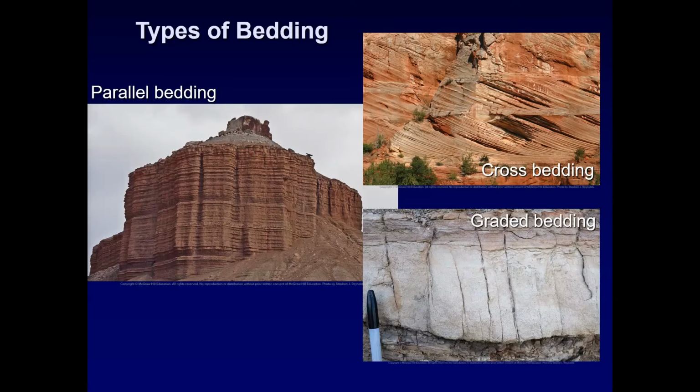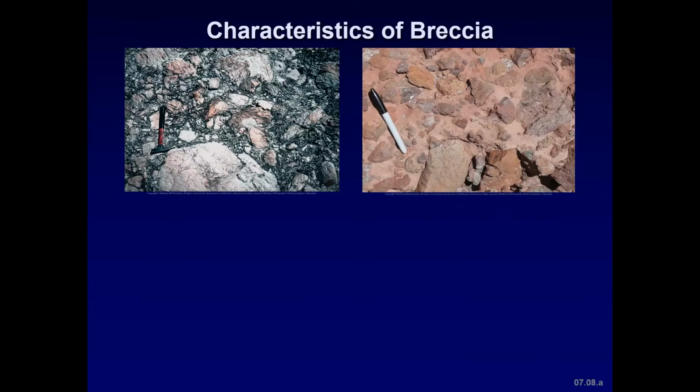Graded bedding, you've got coarser material at the bottom of the bed followed by successively finer sediment. So you can have different orientations formed without any sort of tilting due to plate tectonics.